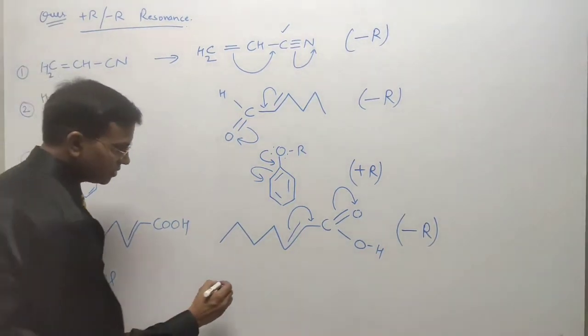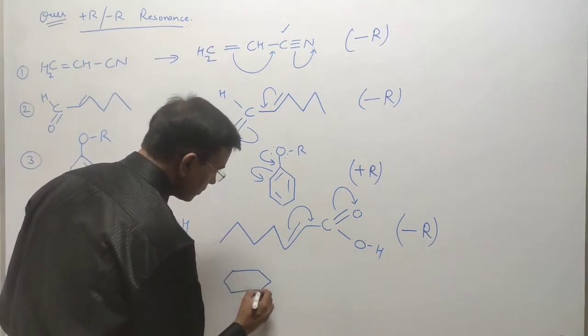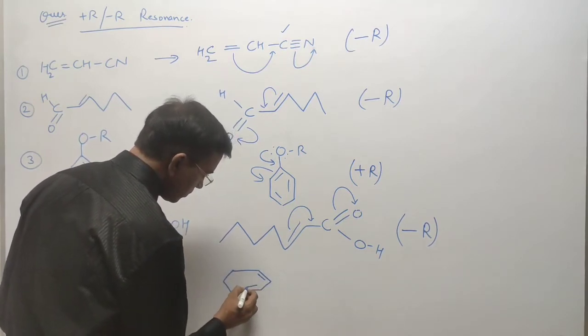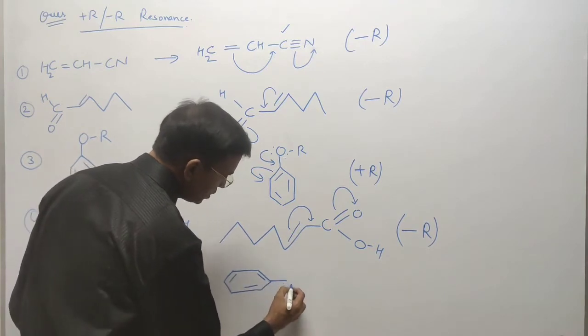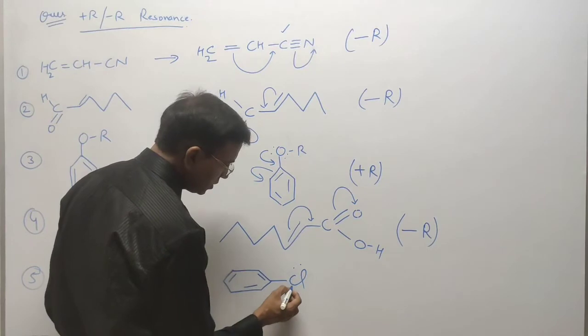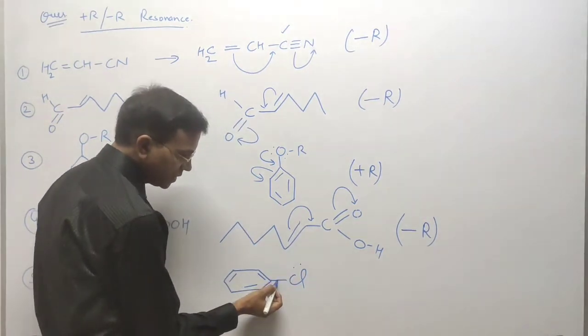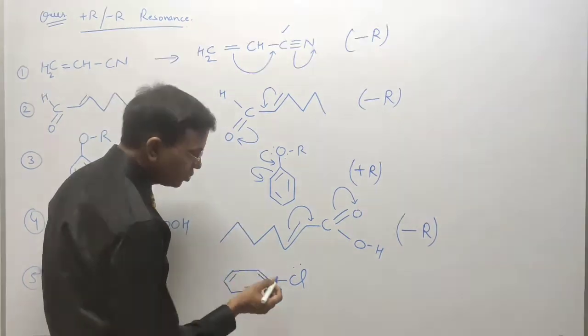This. In this the benzene is there, and the halogen is present. Chlorine, halogen. Halogen has a lone pair of electrons on it. And these lone pair of electrons, sigma bond and pi electrons are in conjugation.